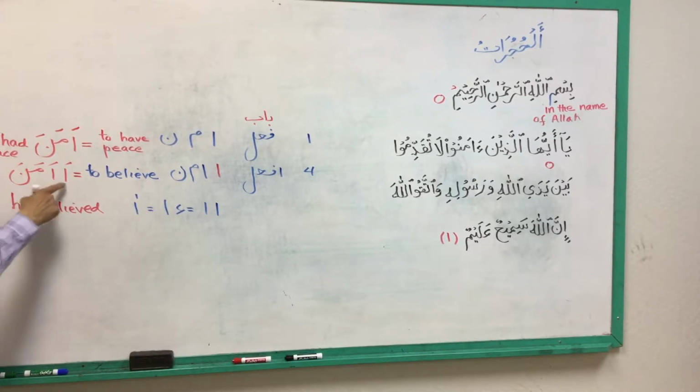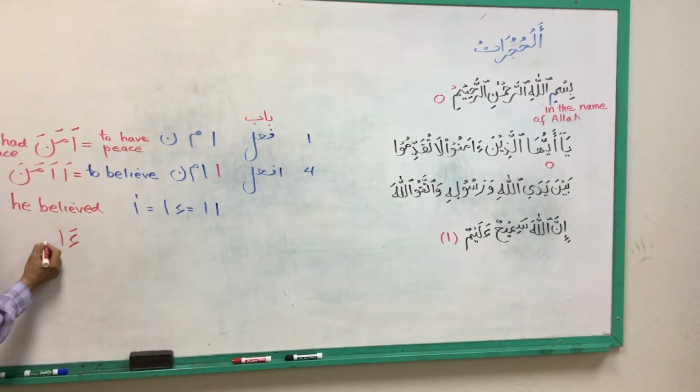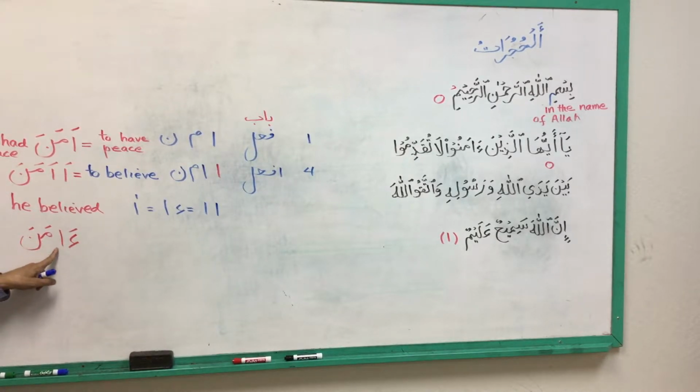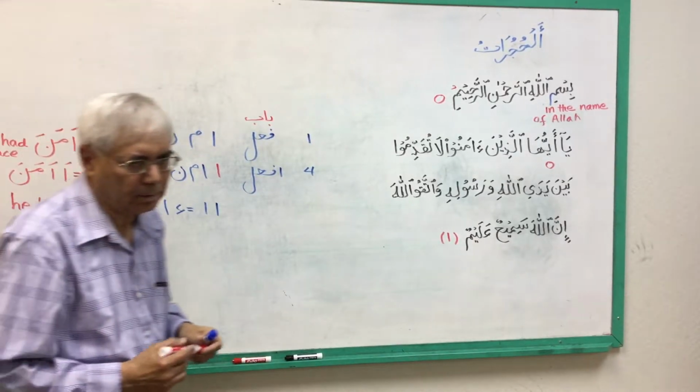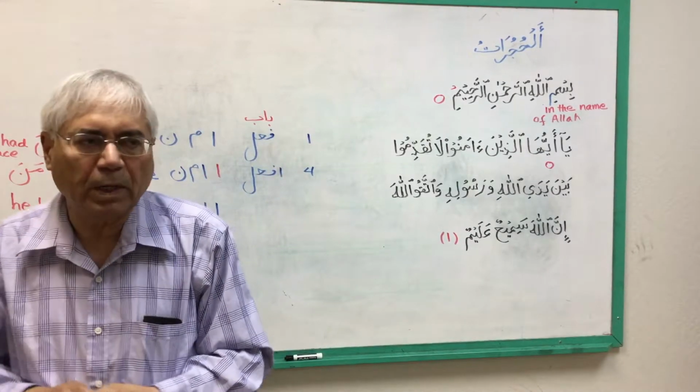Okay, these 2 alifs can be written this way, amana, or they can be written this way. Typically in Uthmani script of the Quran, they are written this way. It is nothing except 2 alifs. The sound has to be stretched. Amana means he believed.